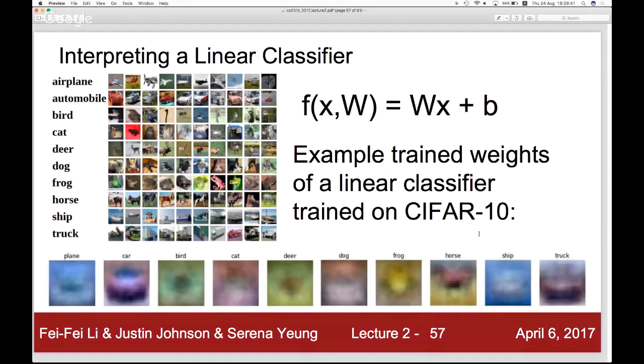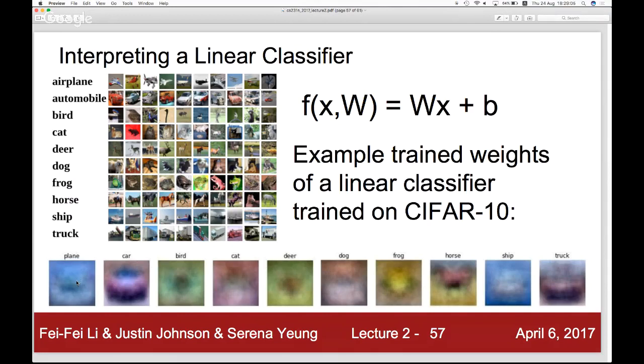So we can unwind what a normal average picture looks like when its score is very high for plane and very low for everything else, right? Because we can work the linear algebra backwards. And we can fit what a normal x would look like that would maximize the plane value and minimize car, bird, cat, and other things, right?